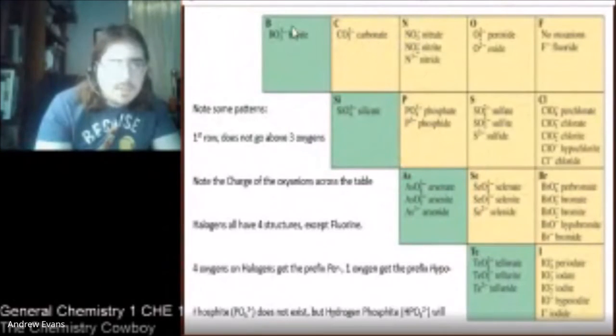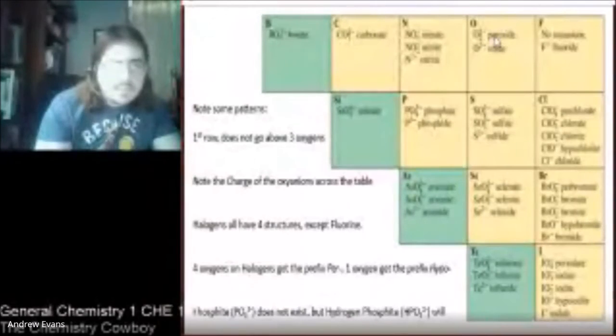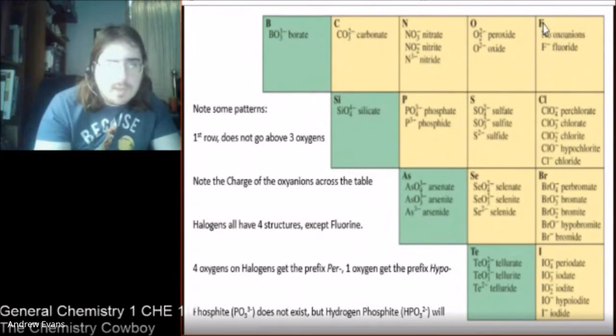Now, following that same pattern, 3, 2, 1, oxygen cannot do that because it would be 0. Oxygen does not have an oxyanion. If I did the same pattern with fluorine, group 7 minus 6 would be +1.